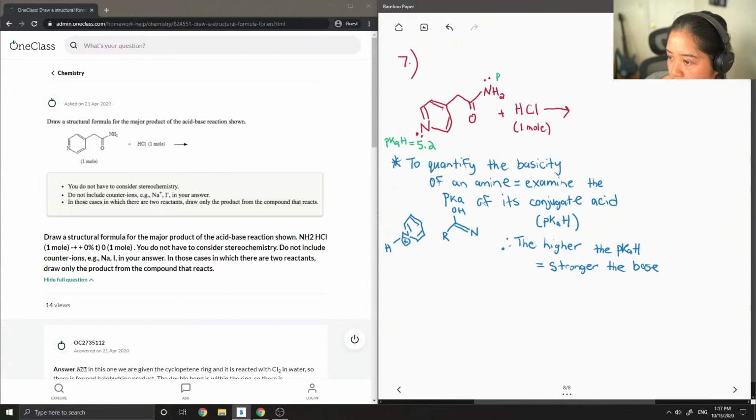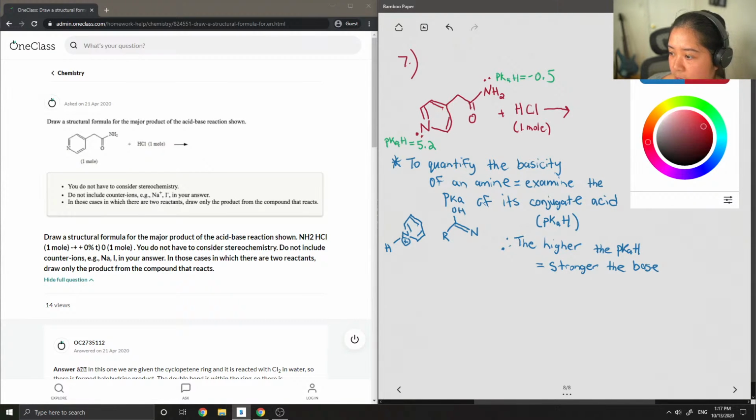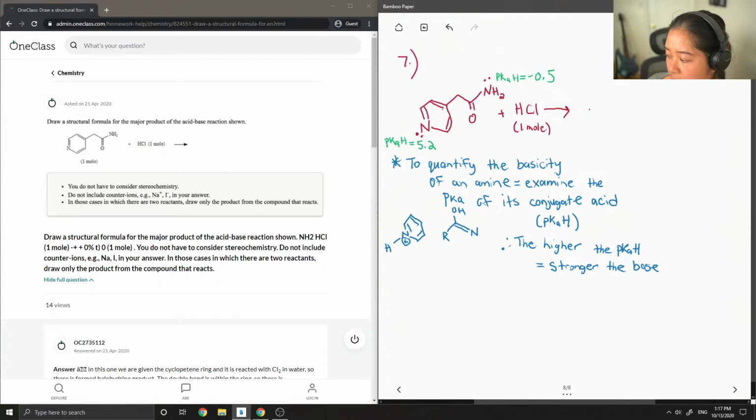For this one, it had a pKaH of negative 0.5. So since the amine that is in the pyridine group has a higher pKaH value, that makes it the stronger base. Therefore, it's able to deprotonate the HCl.